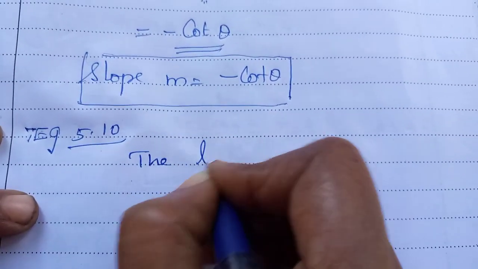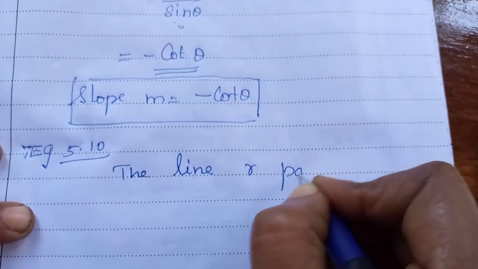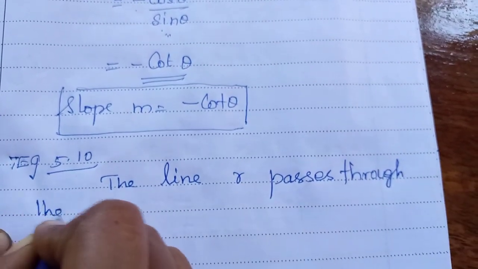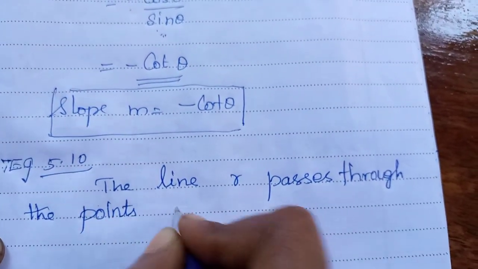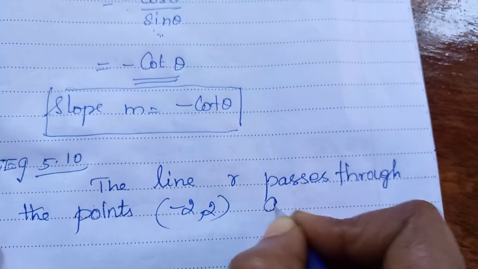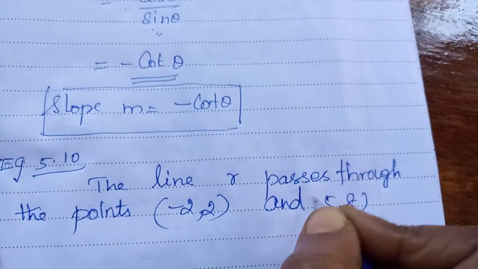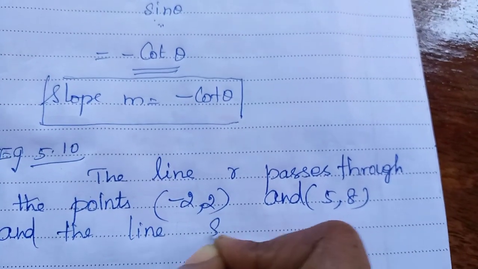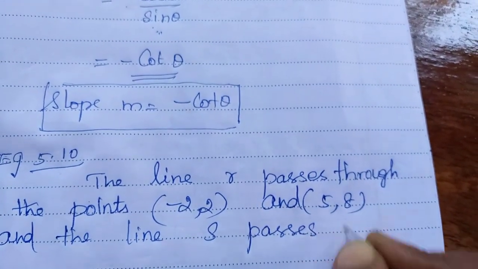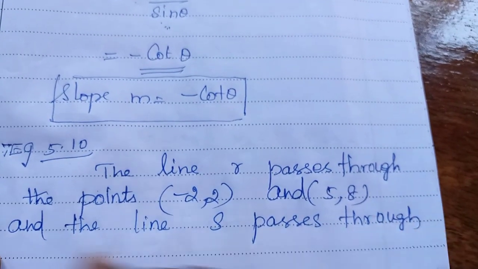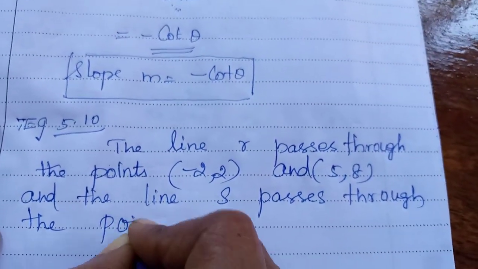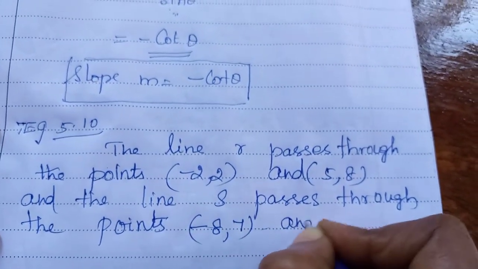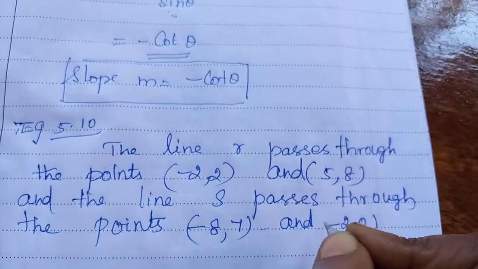The line R passes through the points minus 2, 2 and 5, 8, and the line S passes through the points minus 8, 7 and minus 2, 0.